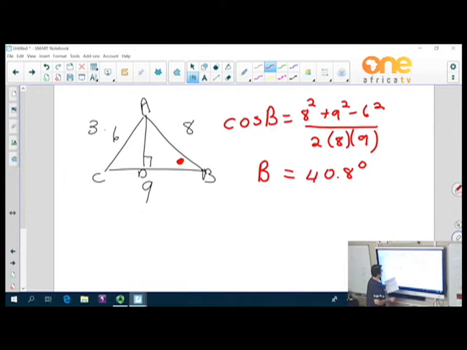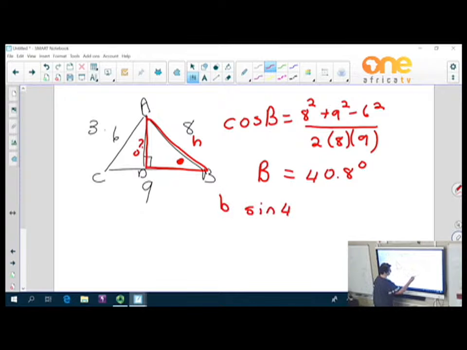Now they want the length of AD. That is what we want to find now. Now we can work in this right angle triangle. Can you see? We know now this angle. Which function will we use? This is now back to sine, cosine, or tan. And if we look at that, this is the opposite, and this is the hypotenuse. So which function will you choose? Sine.